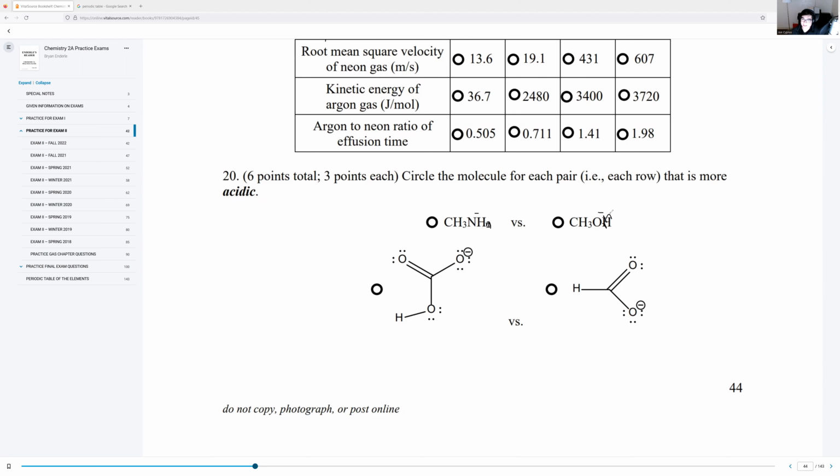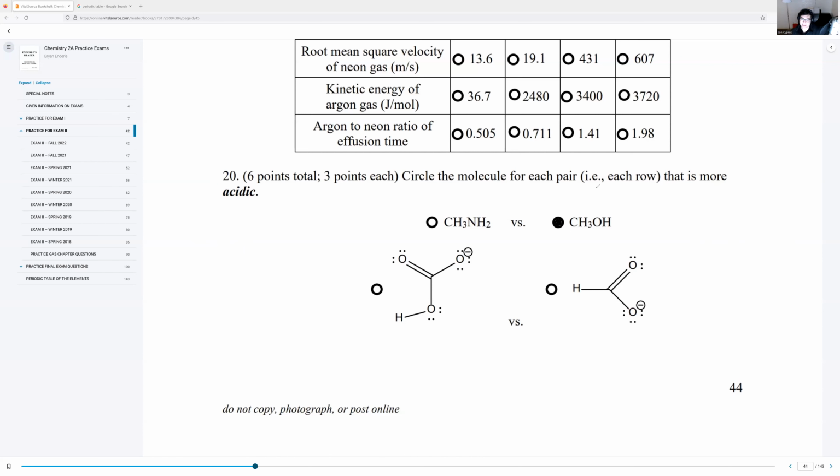Now, oxygen stabilizes the negative charge better due to its electronegativity being higher. So this OH is going to be a more stable conjugate base because the oxygen is a more electronegative atom, right? And so the answer is CH3OH.